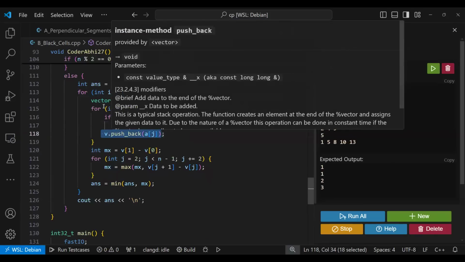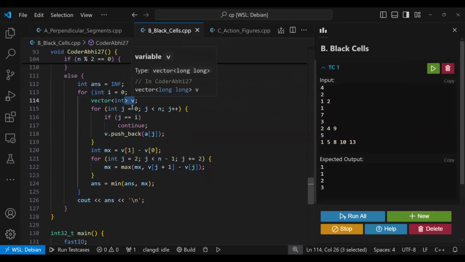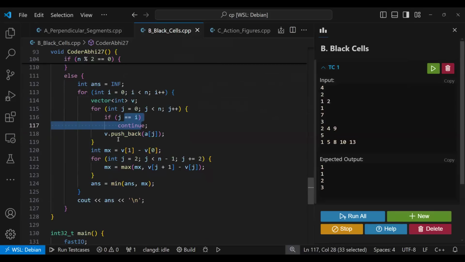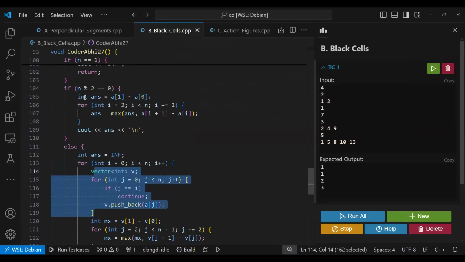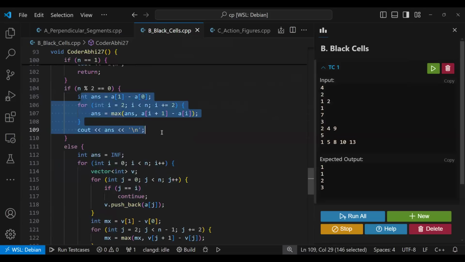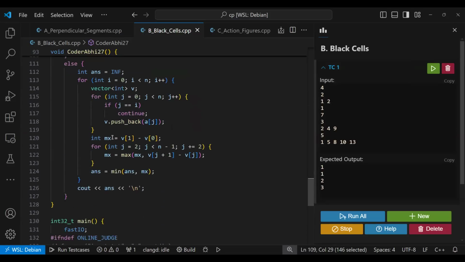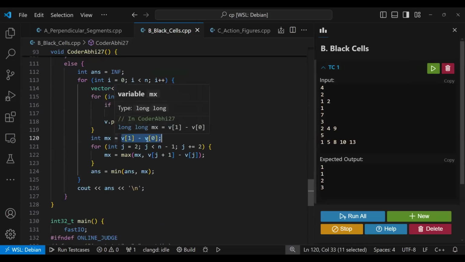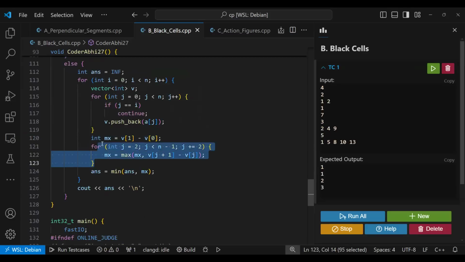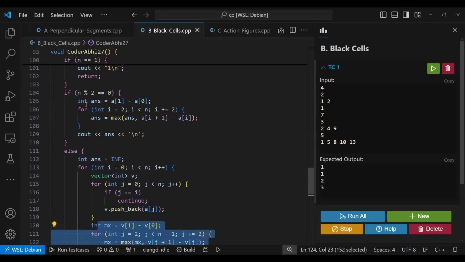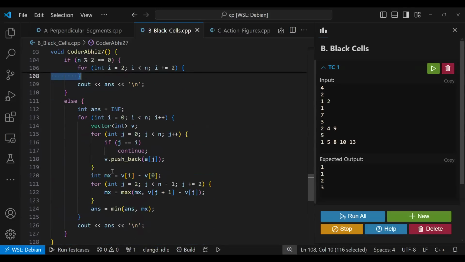So I created a new vector with all the elements except the ith element. Now in this vector, I would apply the same algorithm, that is, take the maximum among all the pairs of differences. So my mx is v1 minus v0, and then the same algorithm. These four lines are the same as here.